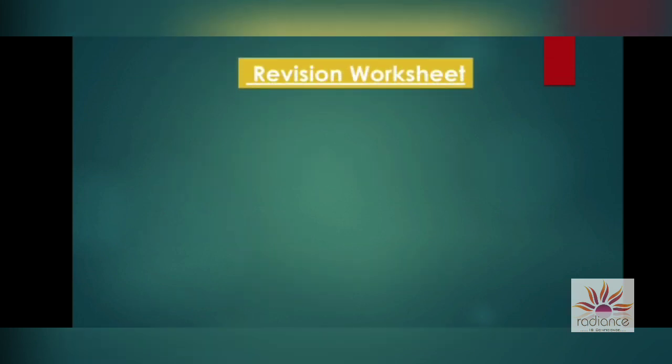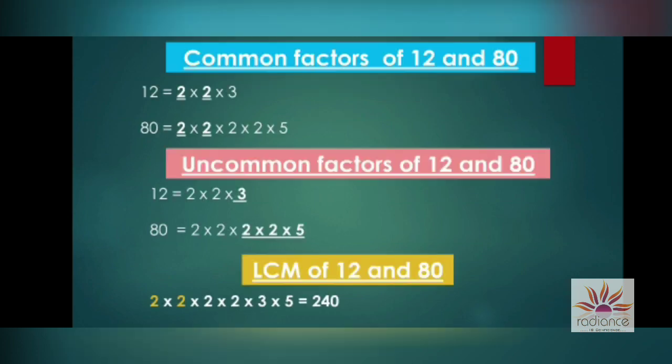So this is the product of common as well as uncommon factors, and that is 240. So what is the LCM of 12 and 80? The number 240 is the LCM of 12 and 80.